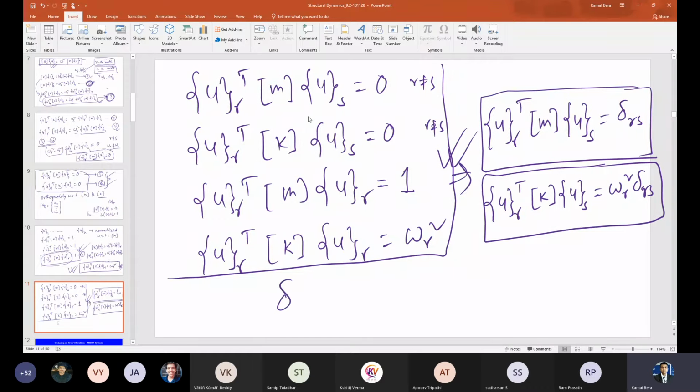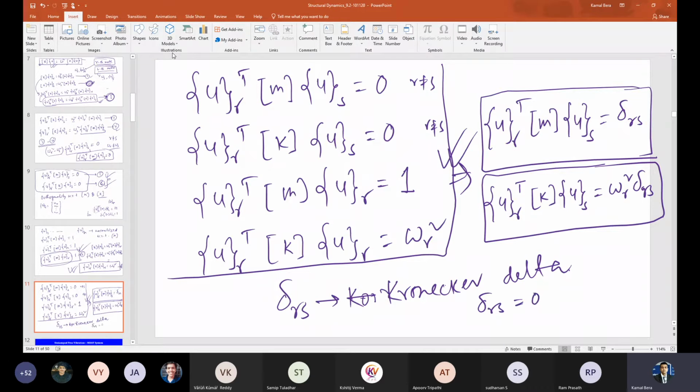This delta RS is a mathematical function, or representation, called the Kronecker delta. If my spelling is wrong, then I'm sorry. What is the property of this Kronecker delta?